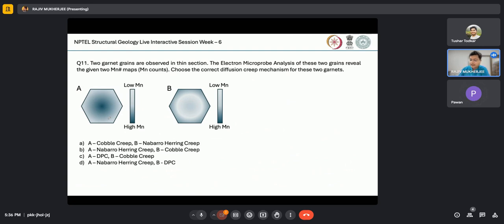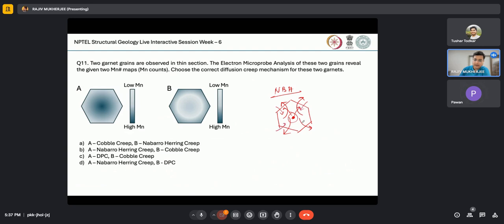So if you just remember what Nabarro-Herring creep is, we see ions are moving in this manner from inside to outside, from inside flux to outside flux. So if there was a high concentration of manganese, we will see a gradient like this, or eventually the reverse can also occur.